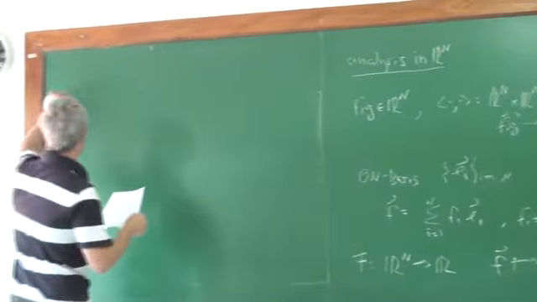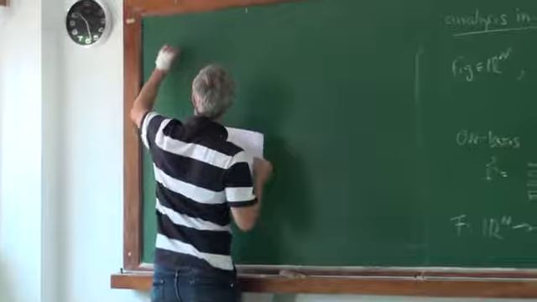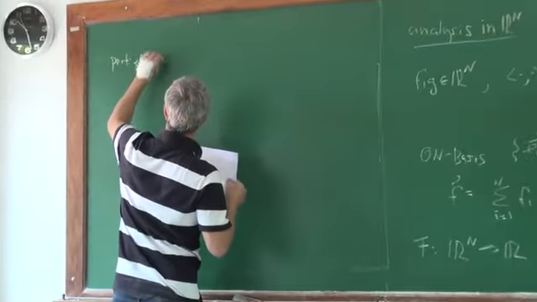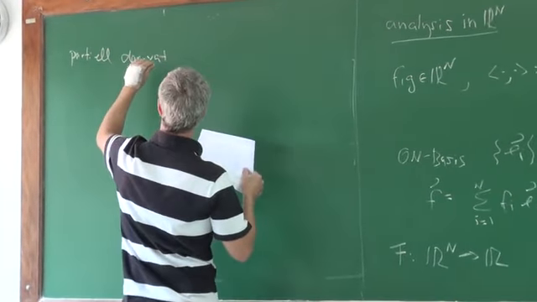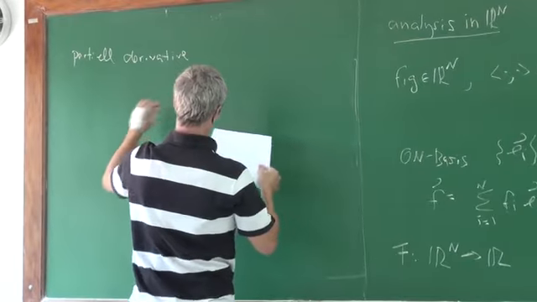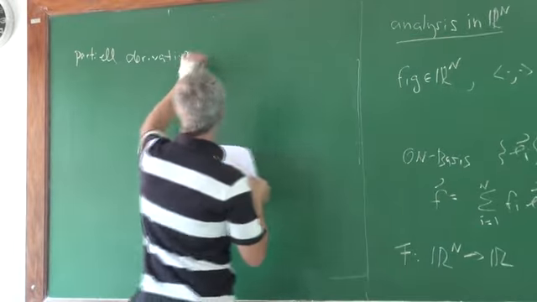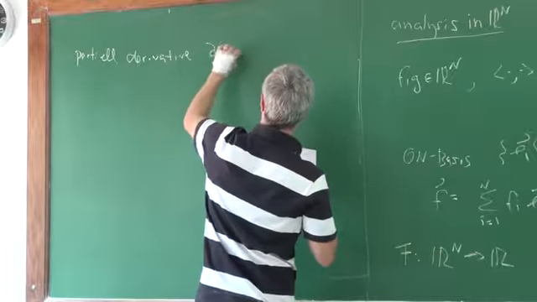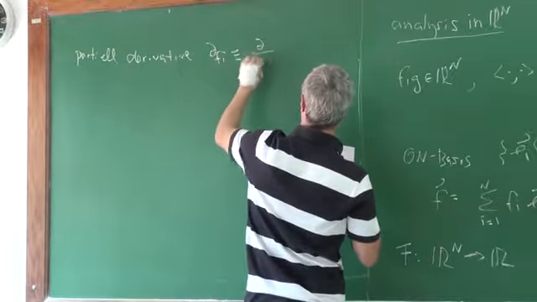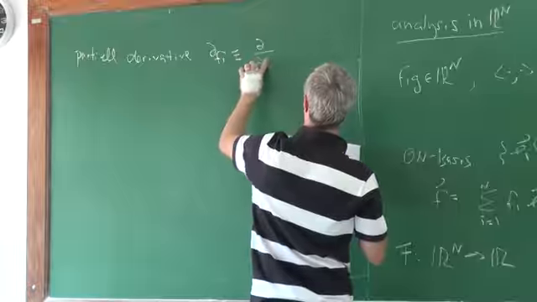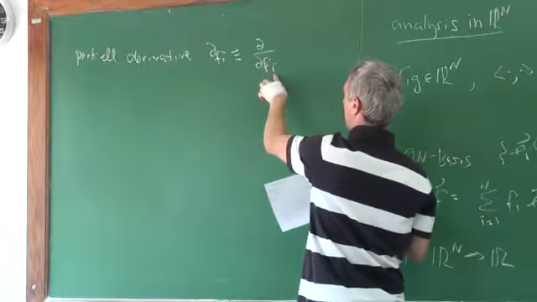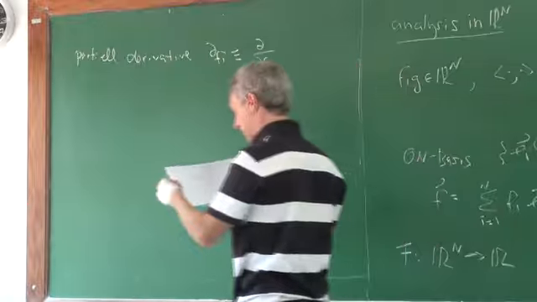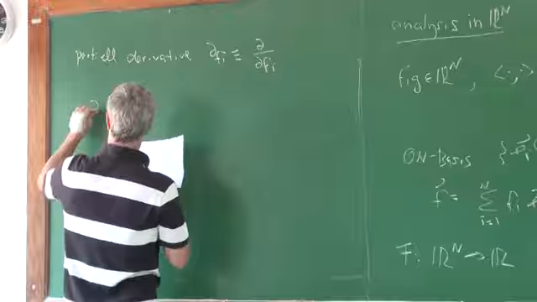So then we can define the partial derivative of the function. Just to make some easy notation, you can call it del to the del f_i, or just abbreviate it in this form.